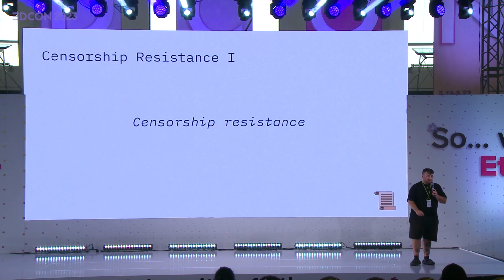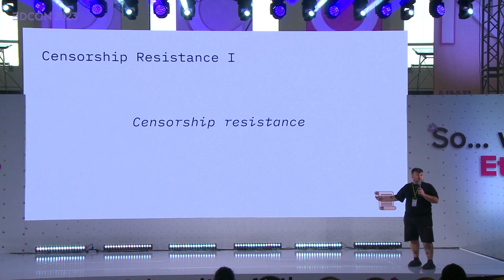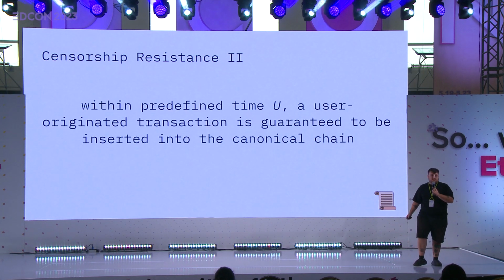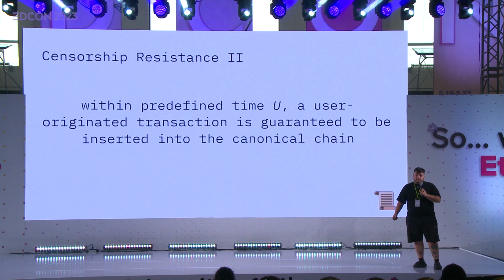The second property that is also very important is censorship resistance. And censorship resistance is quite difficult to define. I'm not going to go very technical into the definition now because I'm just going to bore you to death.